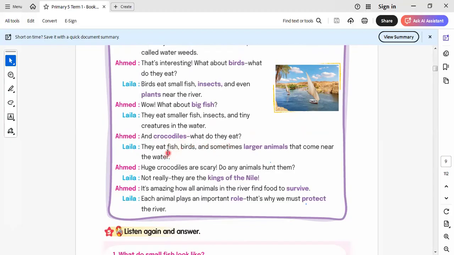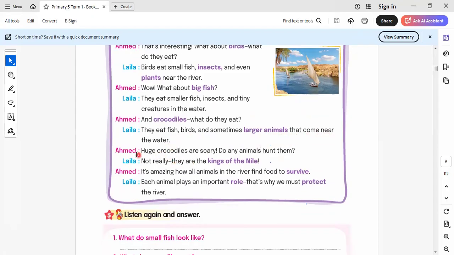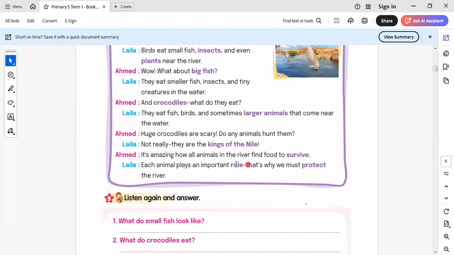Layla: They eat fish, birds, and sometimes larger animals that come near the water. Ahmed: Huge crocodiles are scary. Do any animals hunt them? Layla: Not really. They are the kings of the Nile. Ahmed: It's amazing how all animals in the river find food to survive. Layla: Each animal plays an important role. That's why we must protect the river.